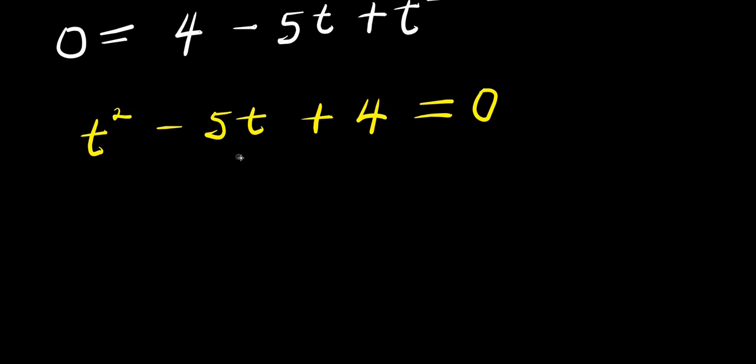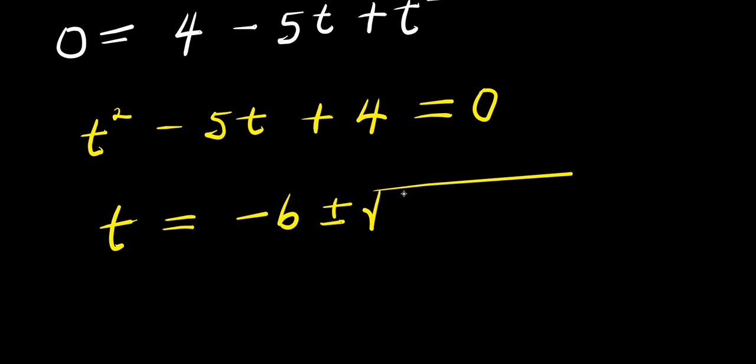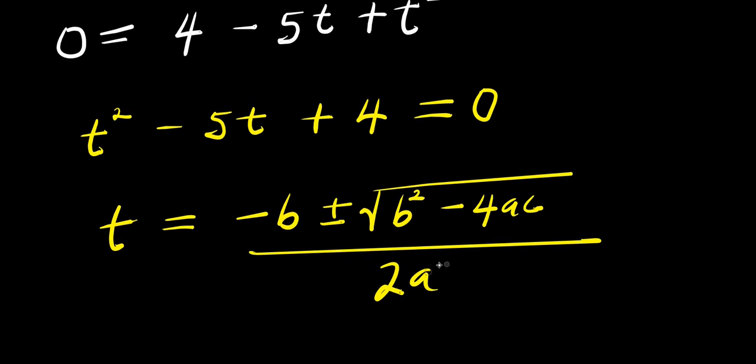We can solve this using the formula method. You have t equals negative b plus or minus square root of b squared minus 4ac, divided by 2a.